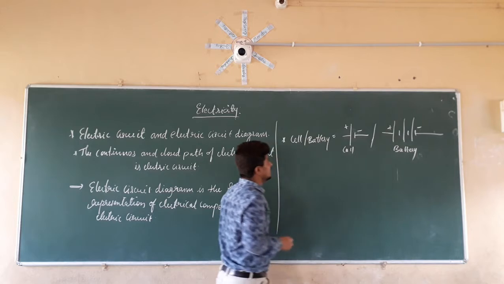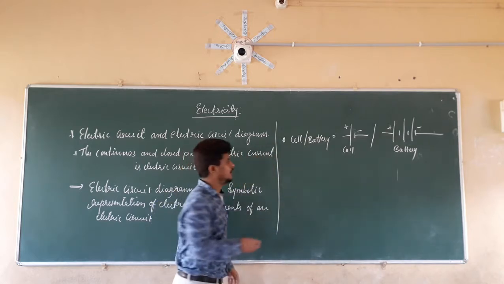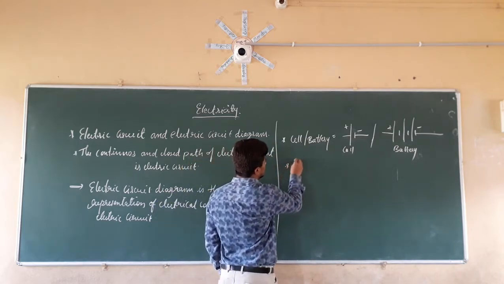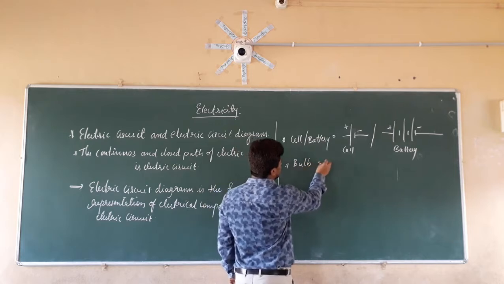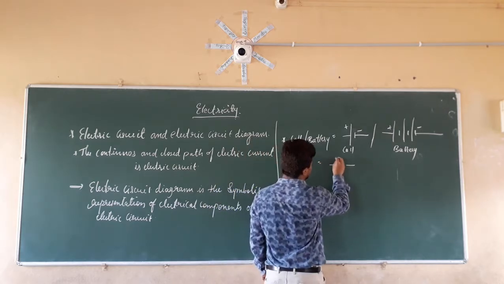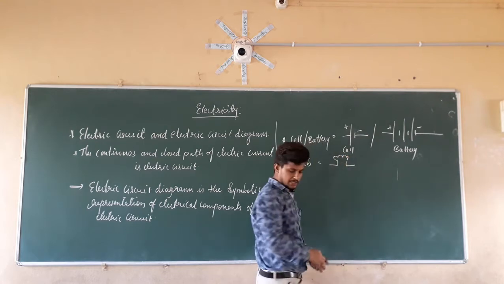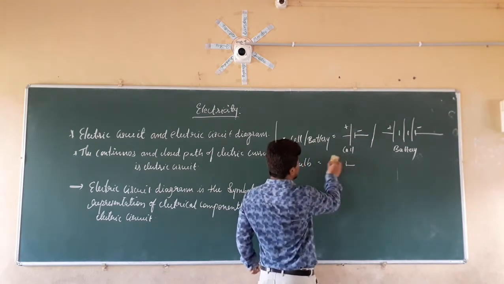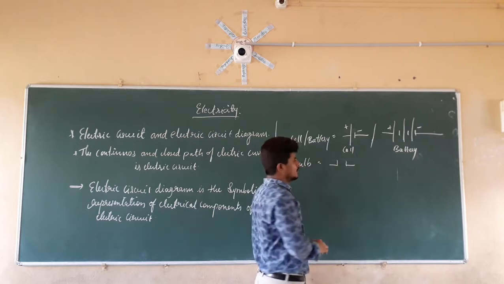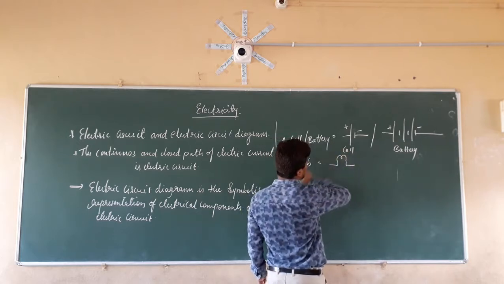Right. Next we are going to see how to draw the bulb. The symbolical representation of the bulb looks like this. Since the bulb is a filament bulb, we show it like this.